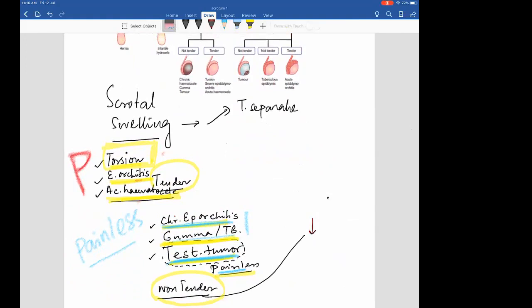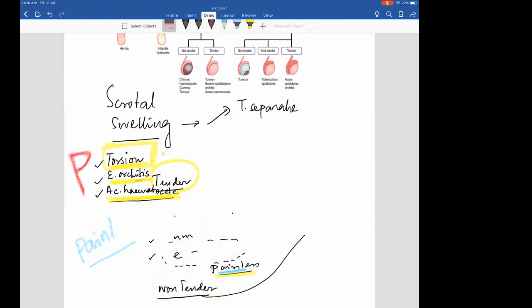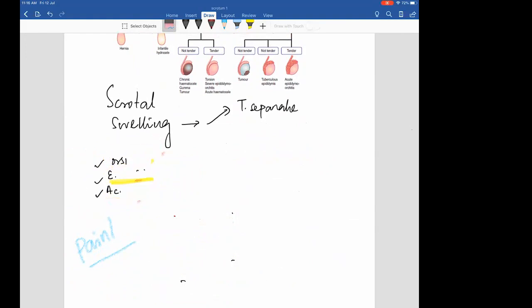What if the testes is separate in this case? Now, what if the testes becomes a bit separate? This one is not a big list, and what you are required to remember is what findings we can have if the testes is separate.